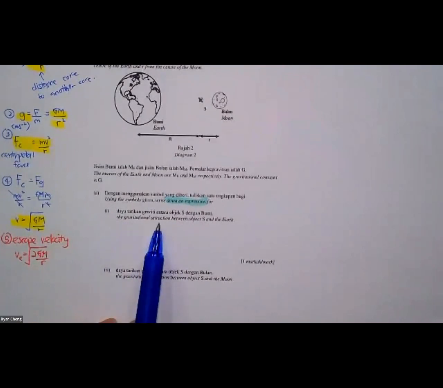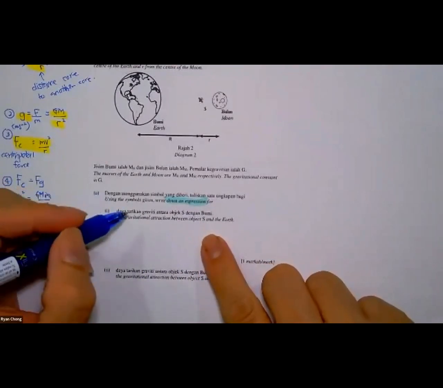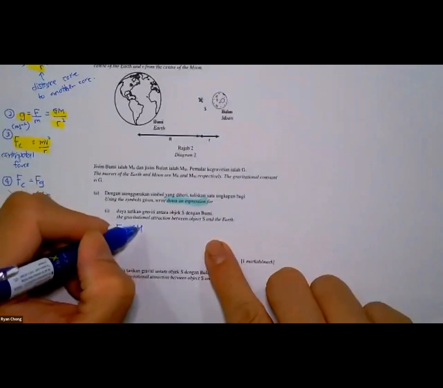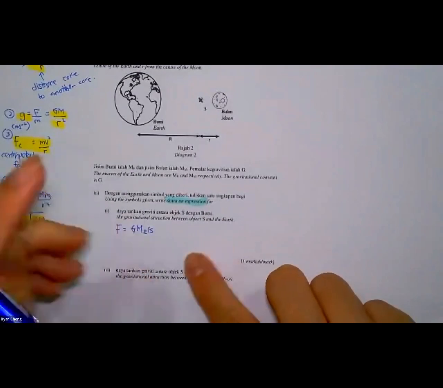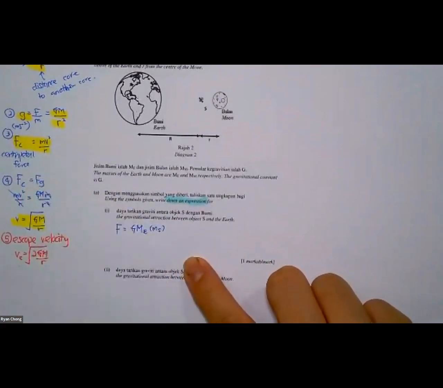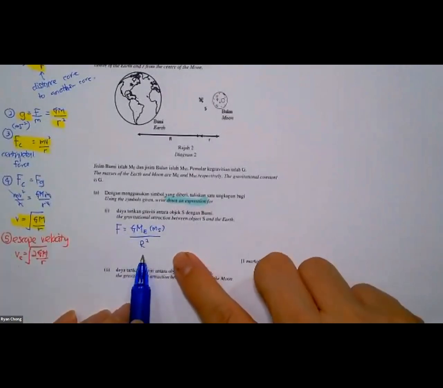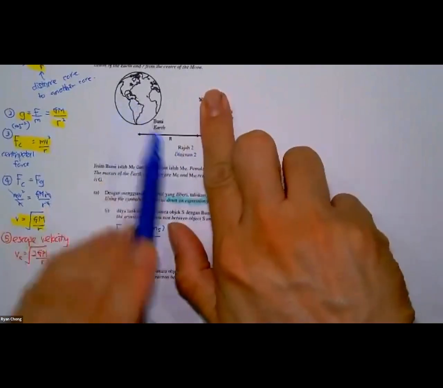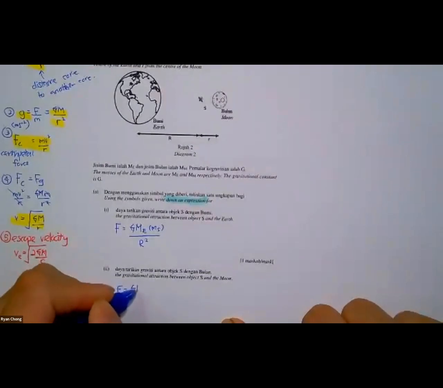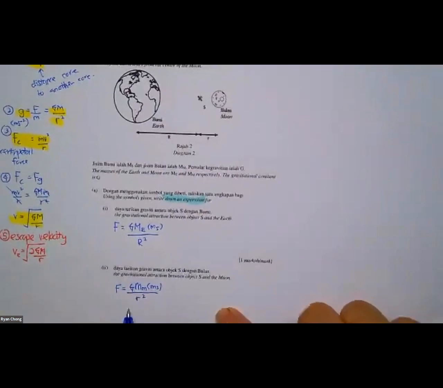So the gravitational attraction between S and Earth will be G times mass of Earth multiplied by mass of the satellite, where I put Ms as the satellite, divided by capital R squared, because this is the distance between them. While between S and moon, it is small r squared.